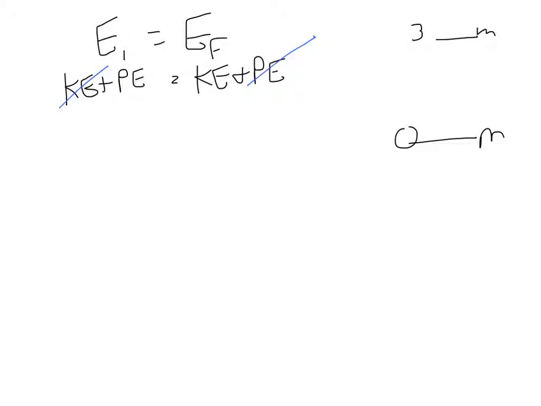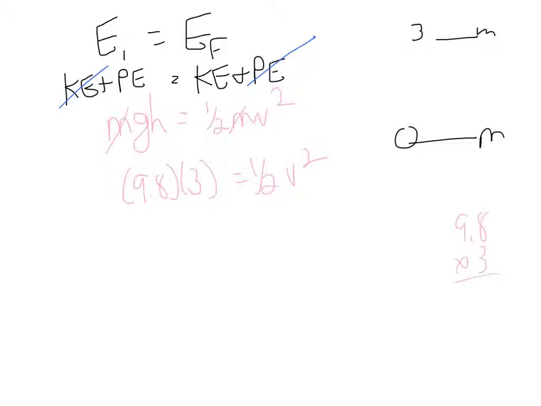So, what are we dealing with? Well, potential energy mgh equals 1/2 mv squared. Masses cancel. So that's 9.8 times 3 equals 1/2 v squared. So what's 9.8 times 3? 29.4. So 29.4 equals 1/2 v squared.